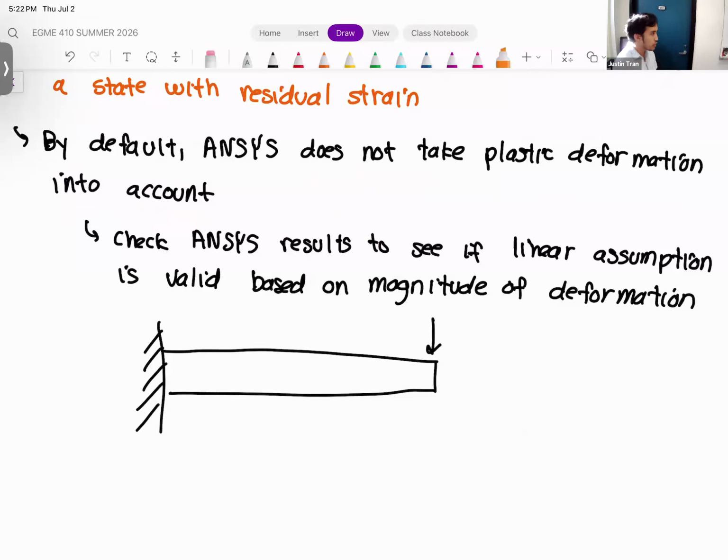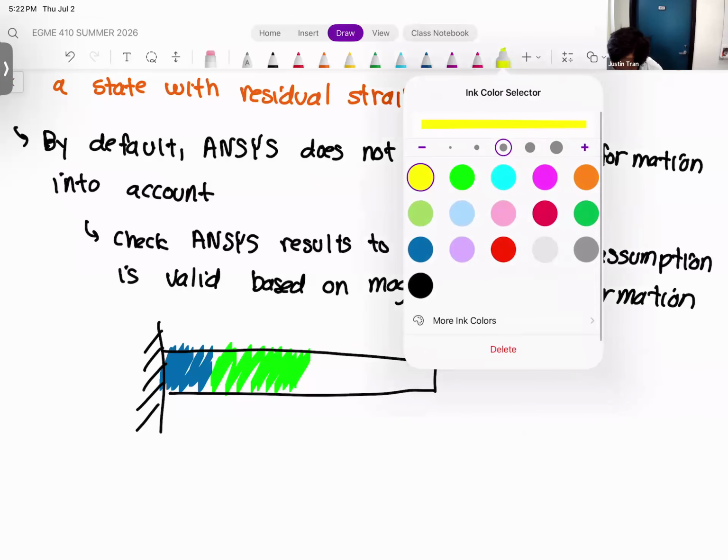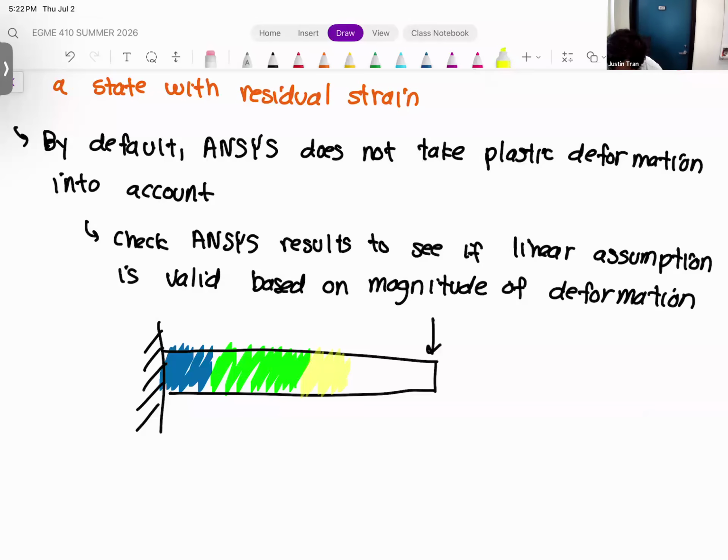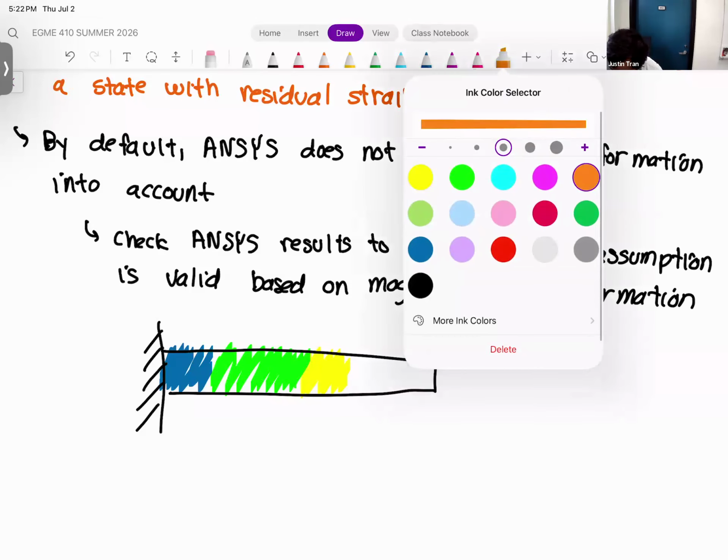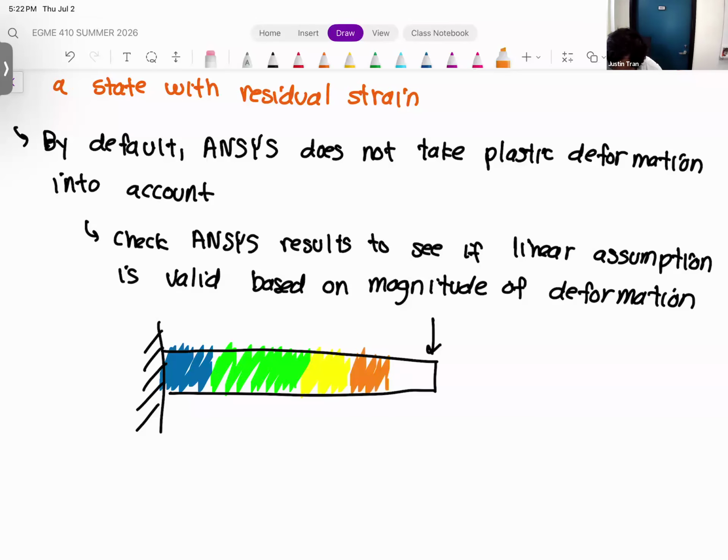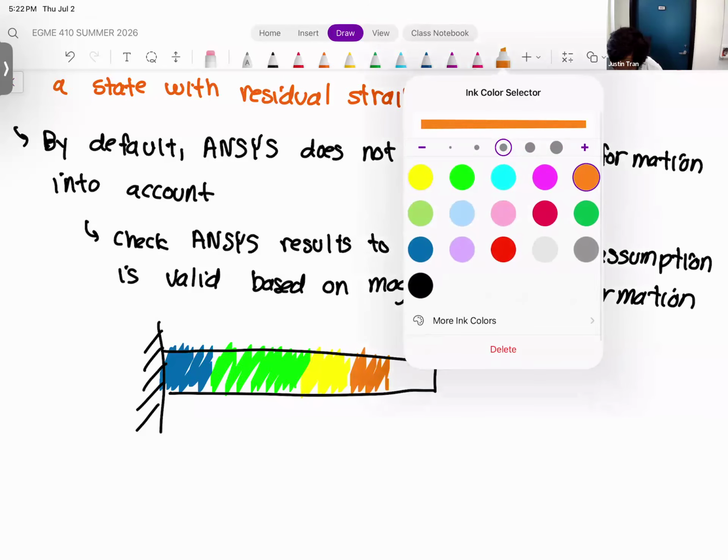If you were to look at just the pure ANSYS results, you may see something like this: a blue region here, maybe a green region here, maybe a yellow region, and then orange, and then red.